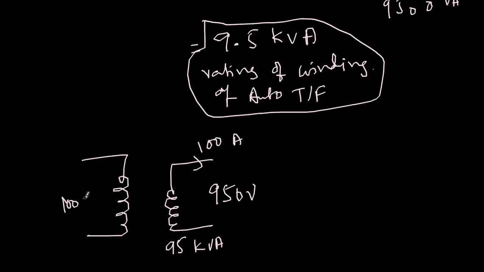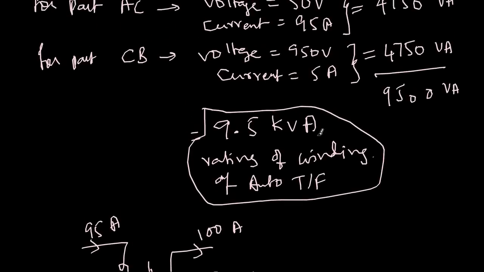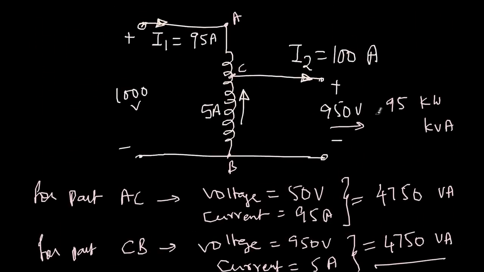This is 1000 volts handling 95 amperes, so this is again 95 kVA. So each winding is 95 kVA in the case of a two winding transformer, whereas with just one winding of 9.5 kVA rating itself, I am able to do the voltage transformation from 1000 volts to 950 volts.